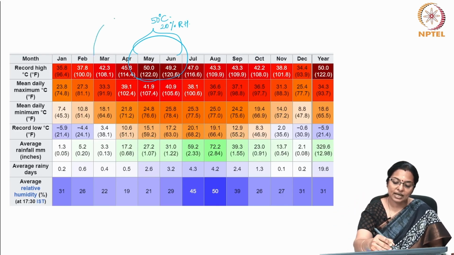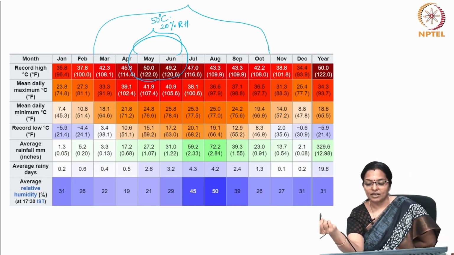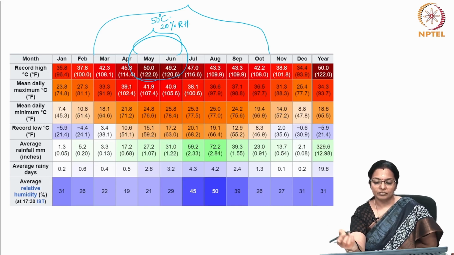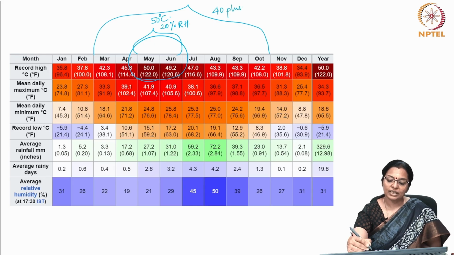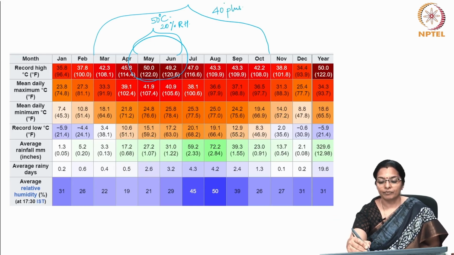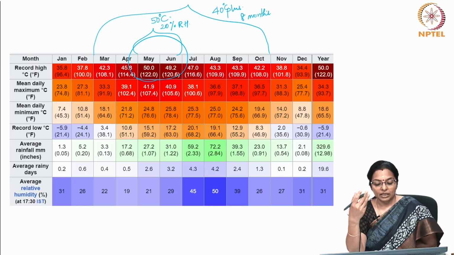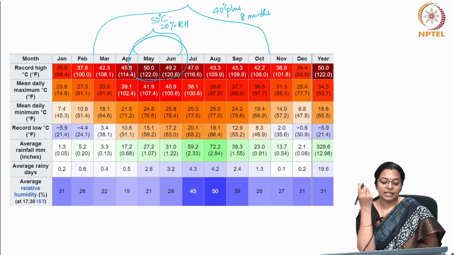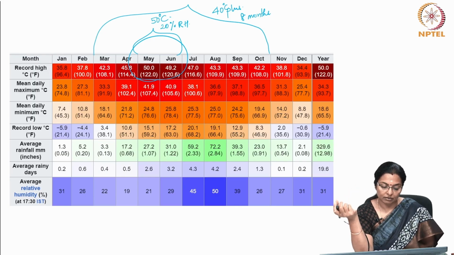You can see that for about 8 plus months, the temperature crosses 40 degrees centigrade. So it shows that the temperature is intensely hot for a larger part of the year.